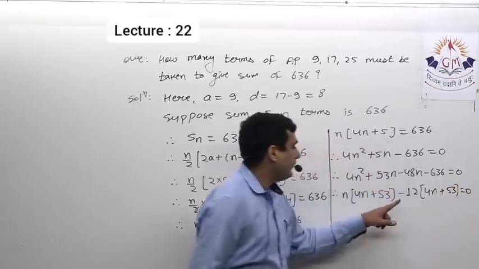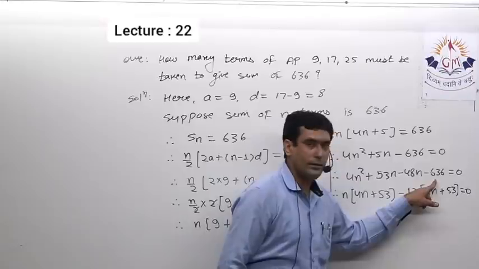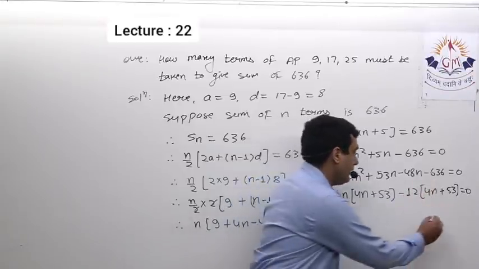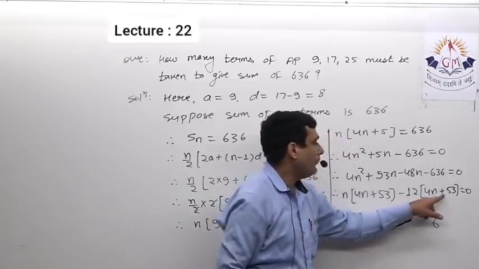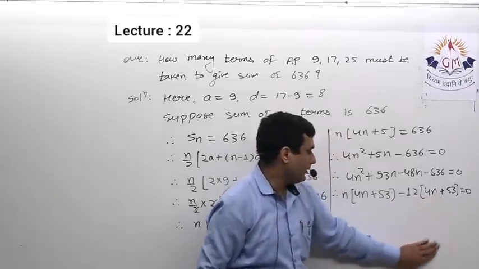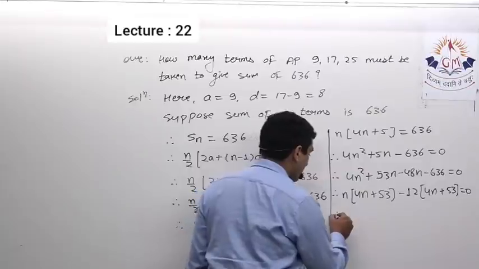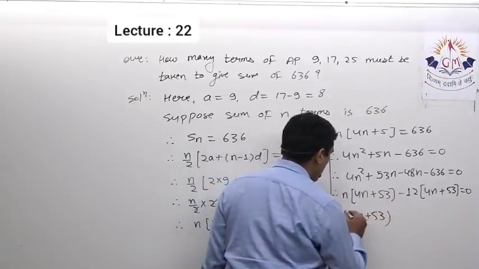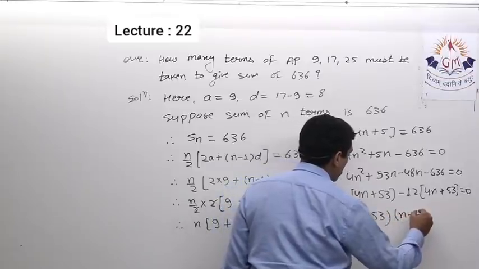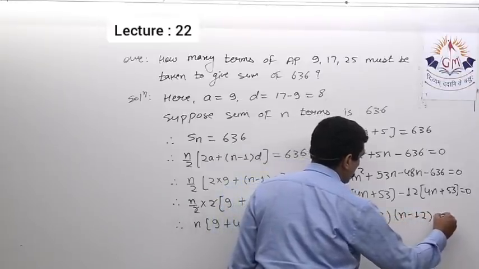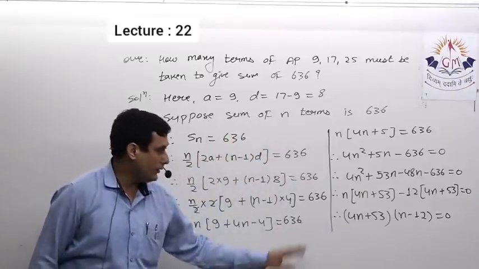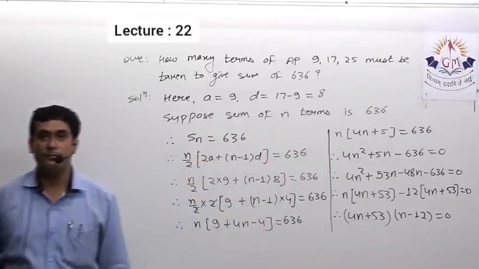Now you can recheck whether 12 into 53 is 636 or not. 12 3s are 36, 6 carry 3, then 12 5s are 60 plus 3, 63. Yes, it is correct. Now next I'll take 4n plus 53 common. So in the next bracket I'll be left with n minus 12. This is almost done, but note it down, then I will give the further solution.